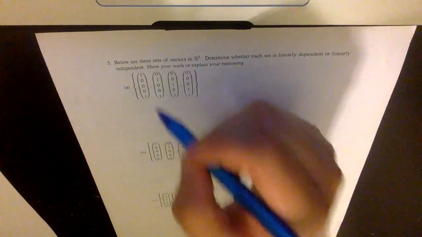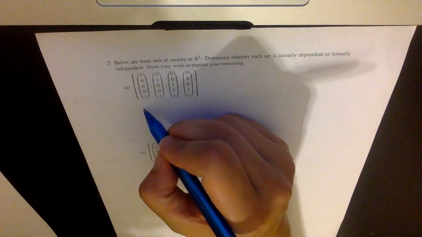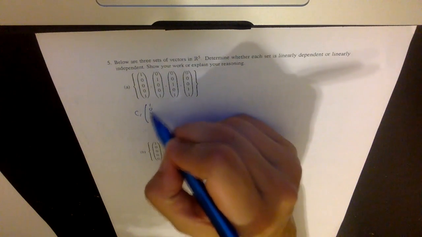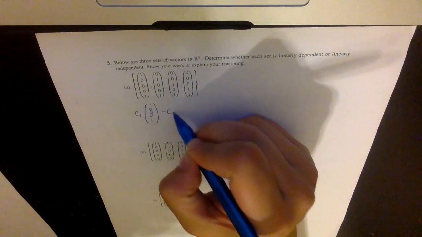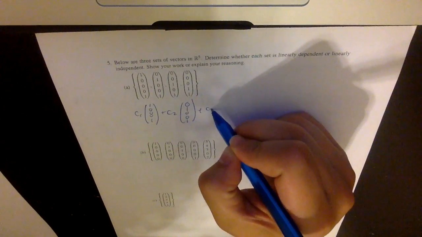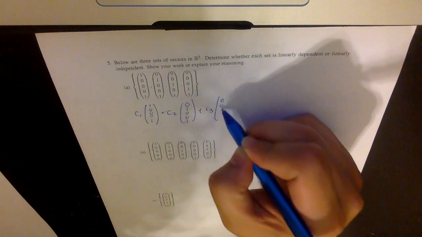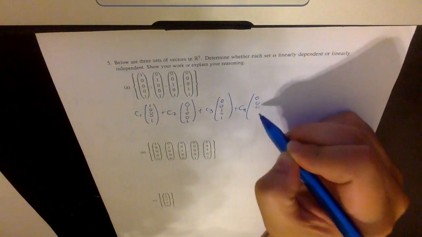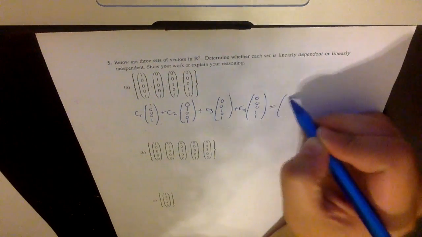Okay, so we're really just solving c1 times 1, 0, 0, 0, 1 times these vectors is equal to 0.